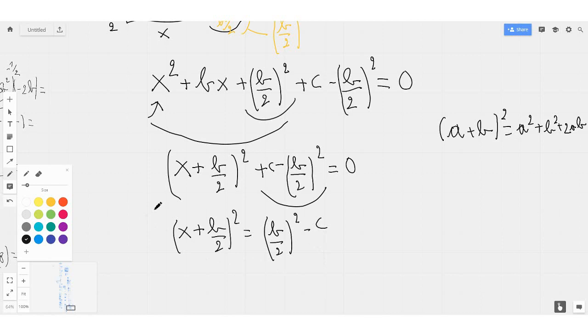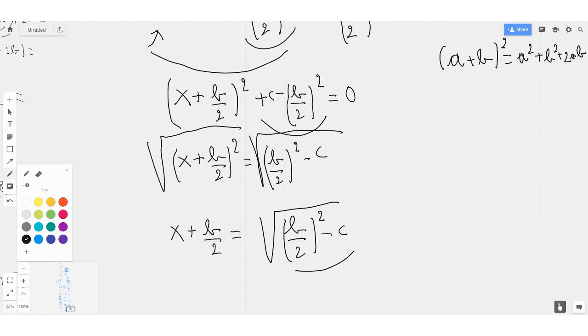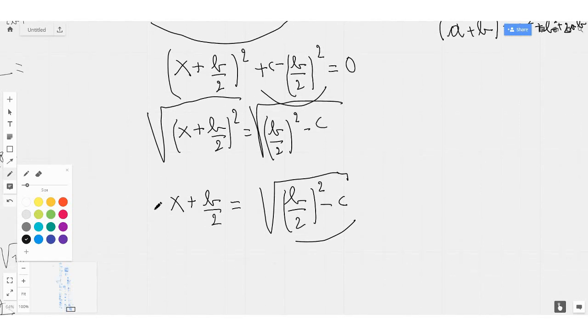So at this point I can take the square root on both sides, so that we get the following: x plus b over 2 is equal to square root of b over 2 squared minus c. So if this looks complicated, don't forget that these are all constants. So the last step, what do we have to do to find x?